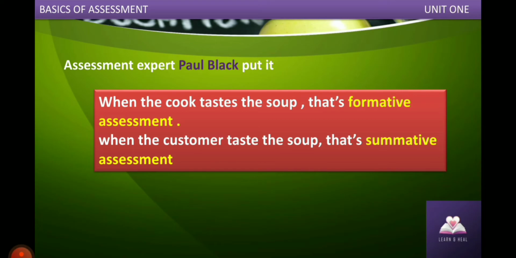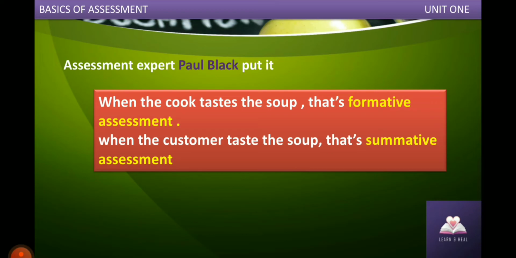After serving on the table, there cannot be any possibility of changing the taste of the soup, right? So now the customer will decide whether the soup is good or bad.